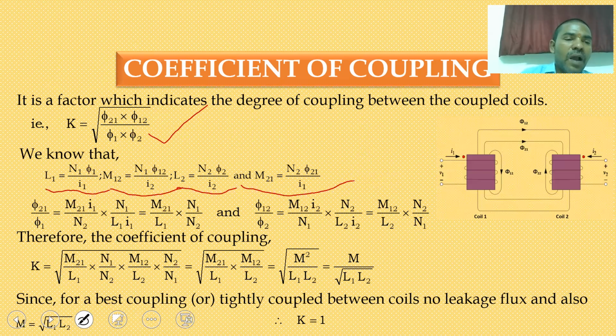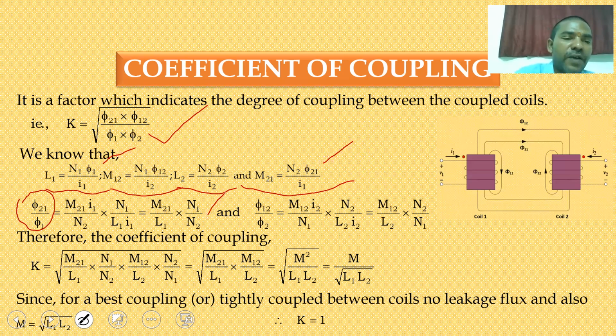Now I am taking the first value, phi21 by phi1. You can get the phi21 value from M21 I1 by N2, and the phi1 value from L1 I1 by N1. So that is M21 I1 by N2 into N1 by L1 I1. The I1 in numerator and denominator gets cancelled, so finally you get M21 by L1 into N1 by N2.